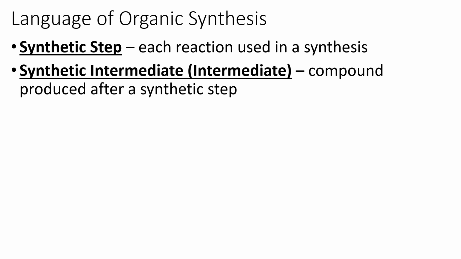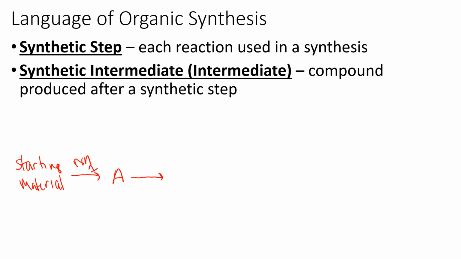So if we were to look at this as a scheme, we would have our starting material that we start with. Again, these are going to be relatively low carbon numbers and relatively low cost. We will then run a reaction and produce some type of intermediate. Let's reference this as reaction number 1.